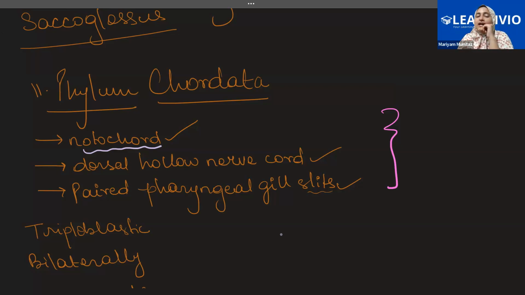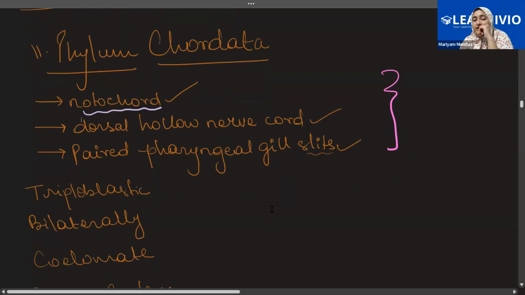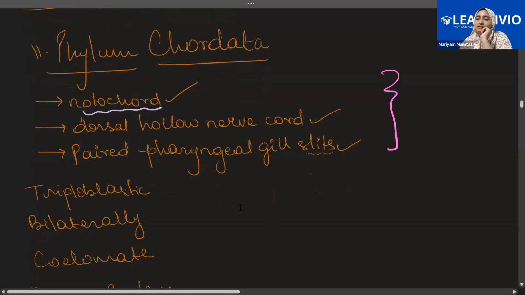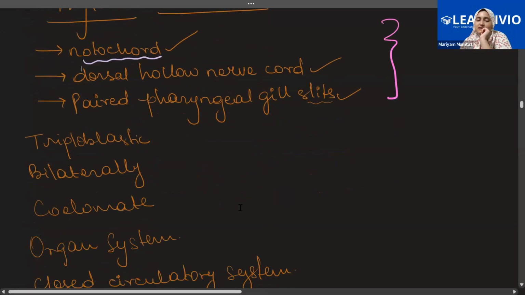They also have paired pharyngeal gill slits, because fishes and fish-like organisms also come under the phylum Chordata. It's not just us mammals.